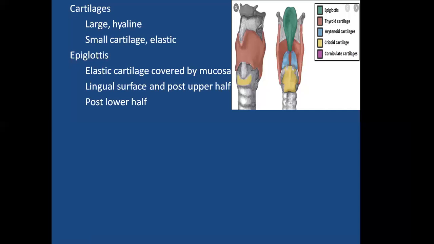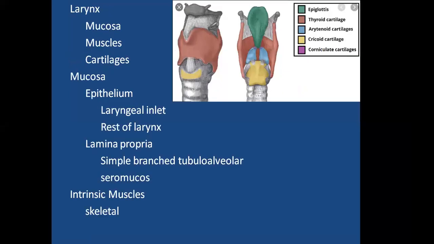While the small cartilages are elastic, and they are the corniculate, cuneiform, and the epiglottis. These are the elastic cartilages. This was all about the larynx.